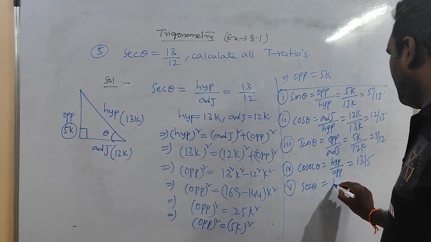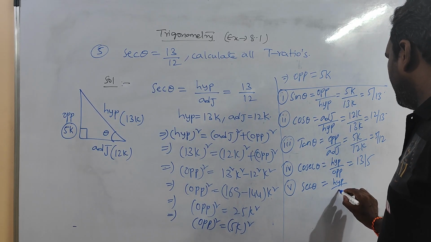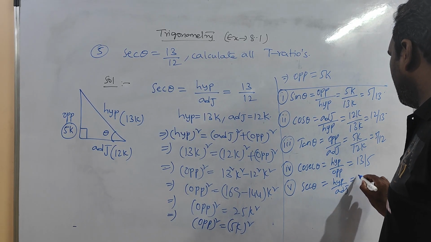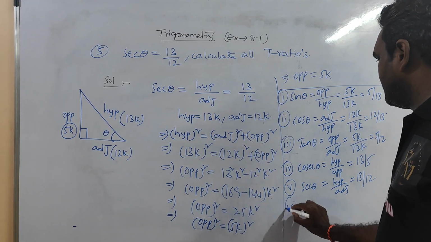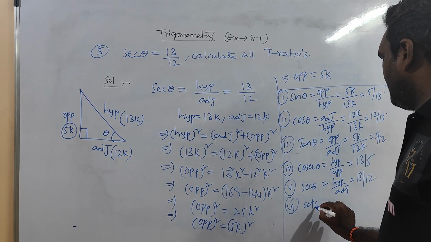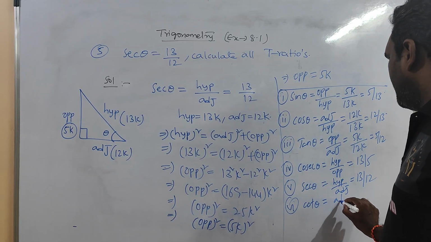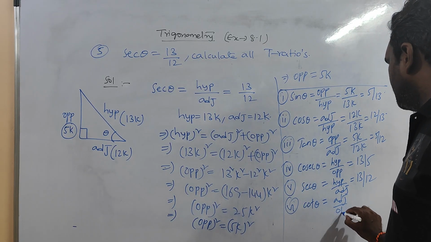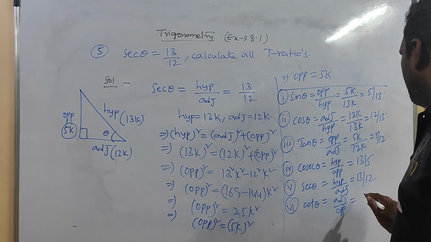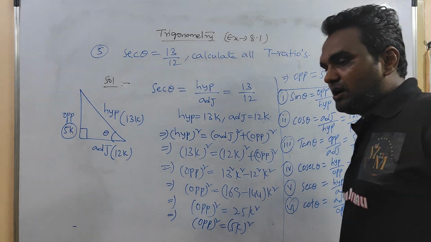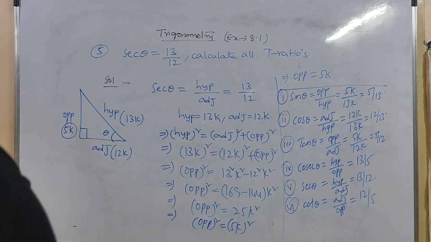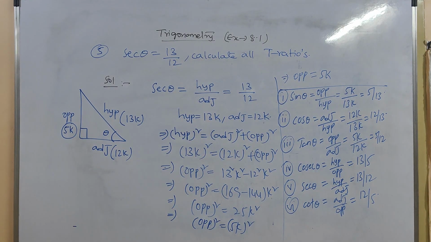Secant is hypotenuse by adjacent. My hypotenuse is 13, adjacent is 12. And my sixth one is cot theta. What is cot theta? Adjacent by opposite. Adjacent is 12, opposite is 5. These are all the 6 trigonometric ratios which they are asking to find.